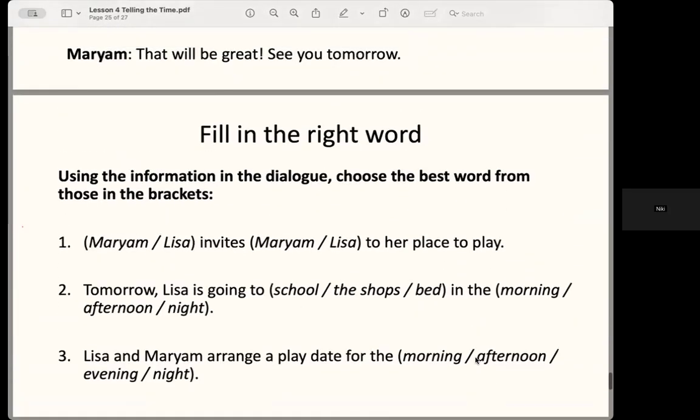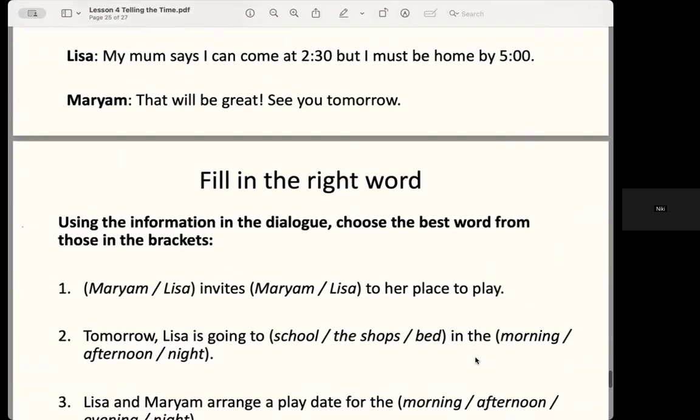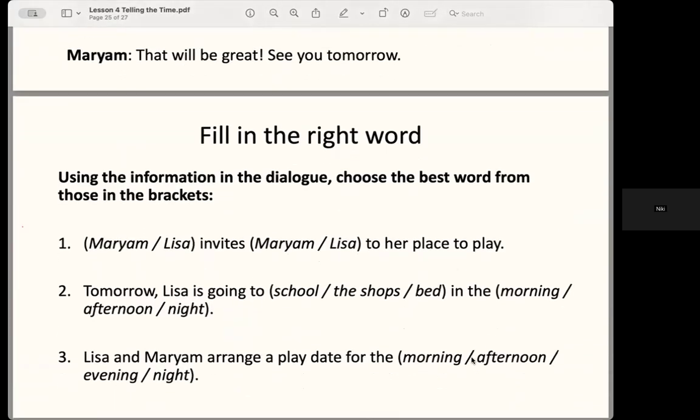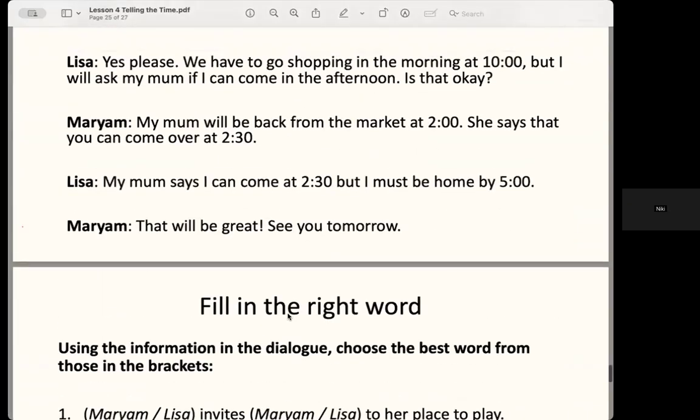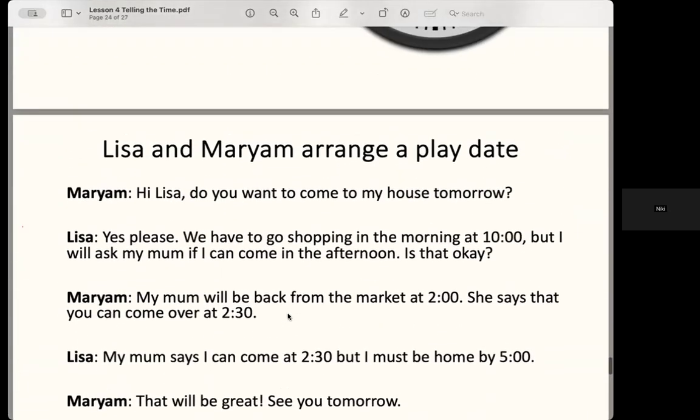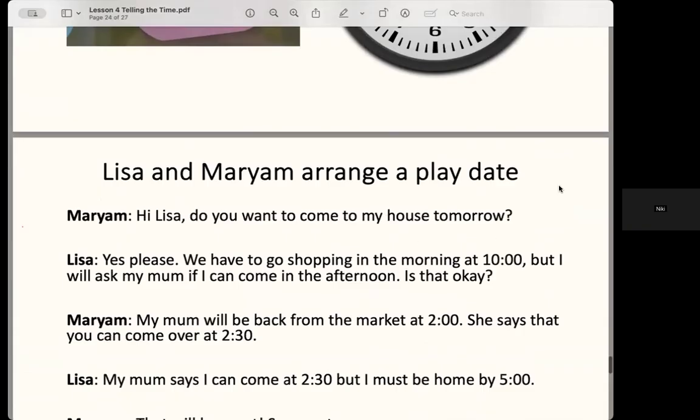Everyone, I just wanted to explain play date. That is like when children, and you might have that in Afghanistan or in Pakistan or anywhere else, when the parents or the children arrange to have time to play at each other's house. It's called a play date. Okay.